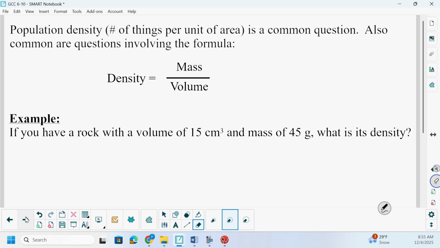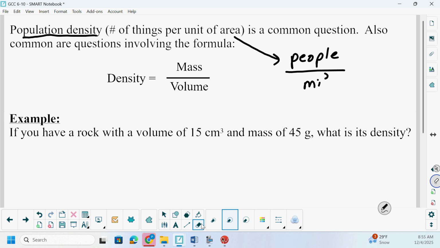So population density is when you have a number of things divided by a unit of area. So a common one that we will see is people per square mile. So that will mean take the people, divide it by the miles squared. So that's for a population density.